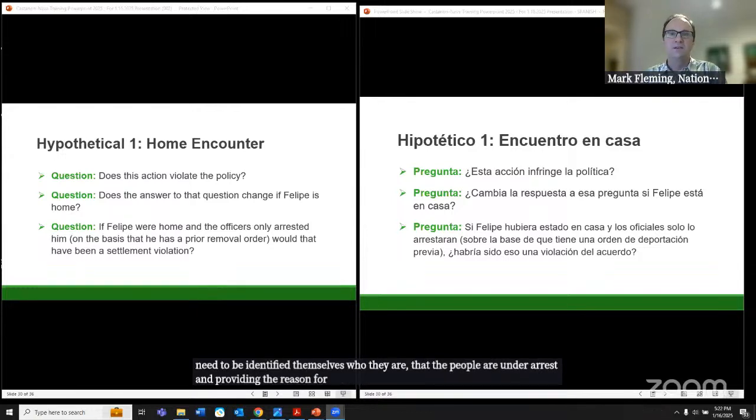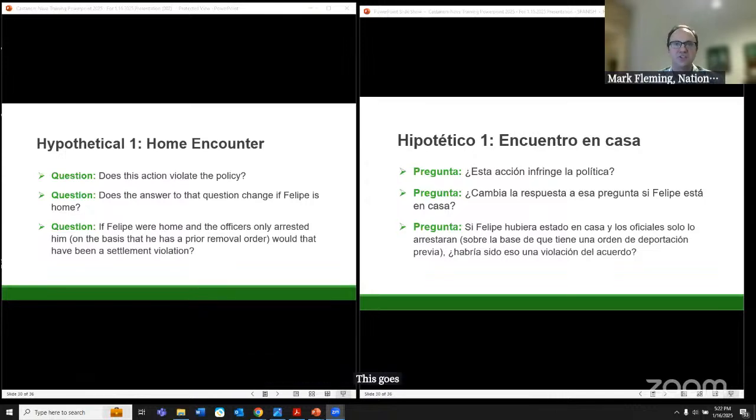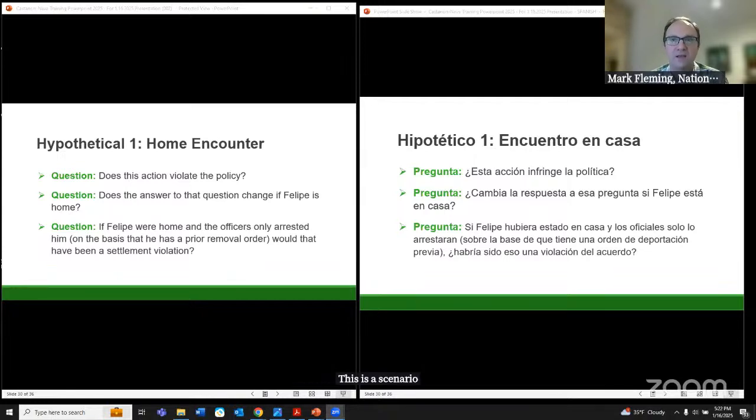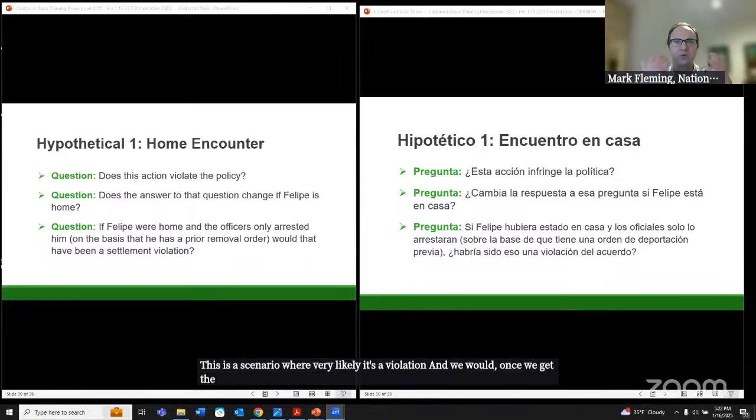And so this goes to that question in the chat about how are we going to know whether they document it or not? This is a scenario where very likely it's a violation. And once we get the information, we would be fighting aggressively to get the I-213 because we have enough to go on here to say there's likely a violation.